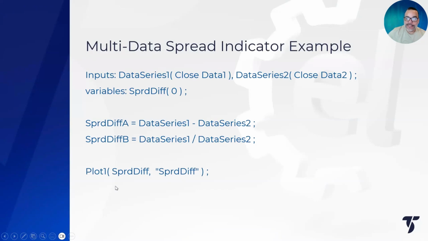And here's just the plot statement where we are plotting the spread diff in that particular example. So this one, as I said, we have built-in indicators that do exactly what this example does, and we're going to take a look at those two indicators in just a moment.